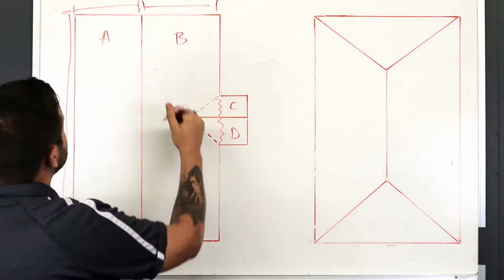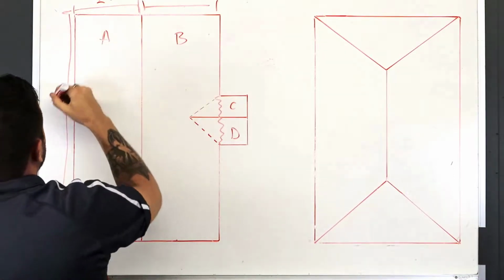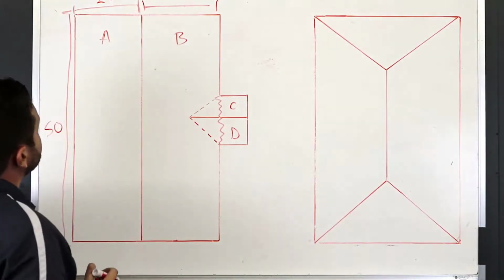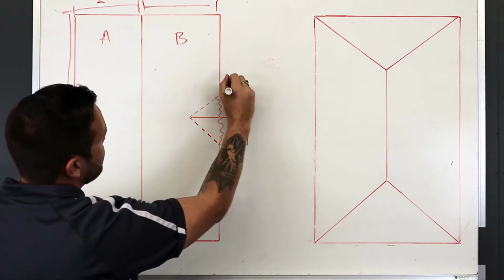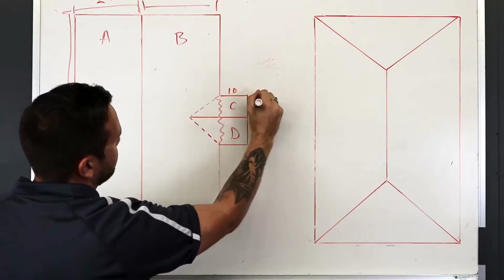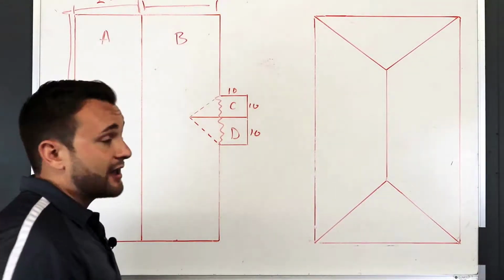So to make numbers easy, we're going to say that this right here is 20. The full width is 50. Okay, so then we come up over here and we're going to say these are 10 by 10. Now, we want to go ahead and write out our math on these.